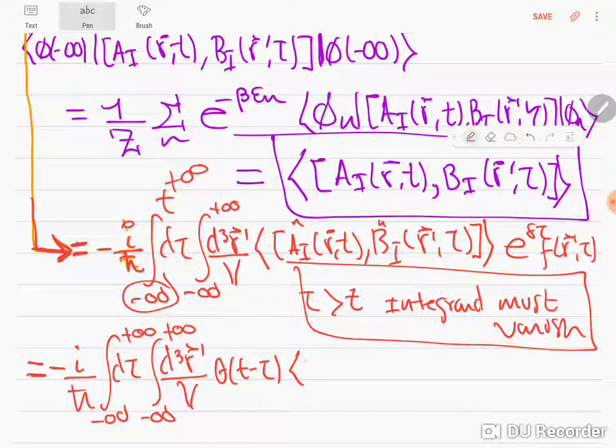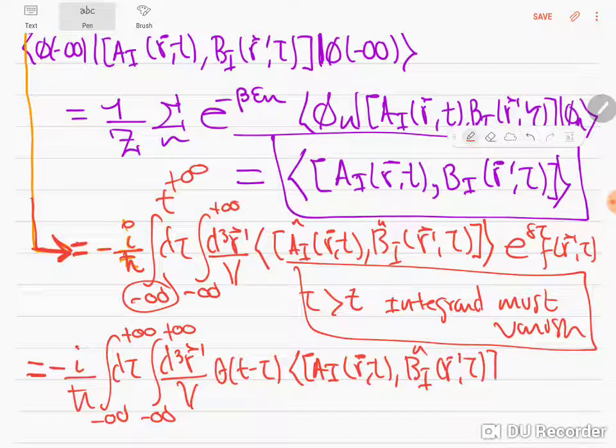Here, this is the expectation value of the commutator between both operators, A_I of r, t and B_I of r′, τ, close the commutation relation and the expectation value, times e^(δτ) f of r′, τ.